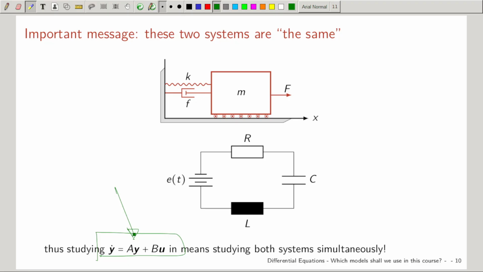Because we can jump between industries very easily. Eventually we abstract ourselves from the ODE, we get the mathematical nature, and the MPC, the stochastic MPC for example, is going to work the same: the code that you write for a mechanical system is going to work for the electrical system.